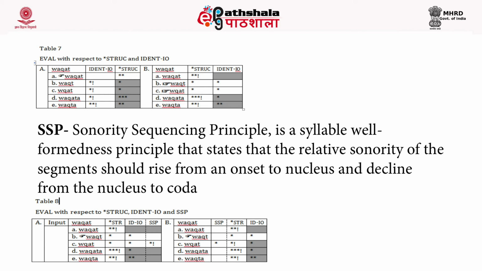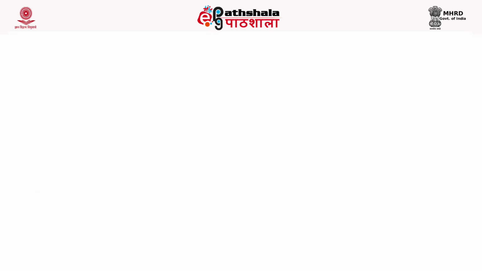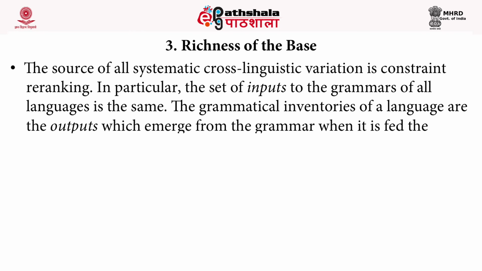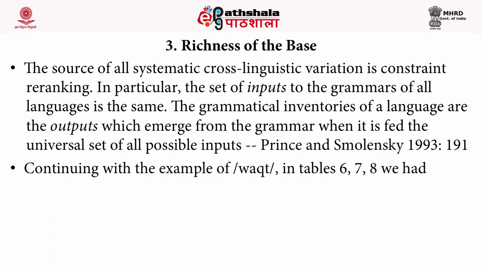Now this is how you get to know the step-by-step analysis of accounting for these differences between languages and how OT can account for it. Moving on, we are now going to discuss the principles of OT. The first one is the richness of the base. Now the richness of the base says that the source of all systematic cross-linguistic variation is constraint re-ranking.